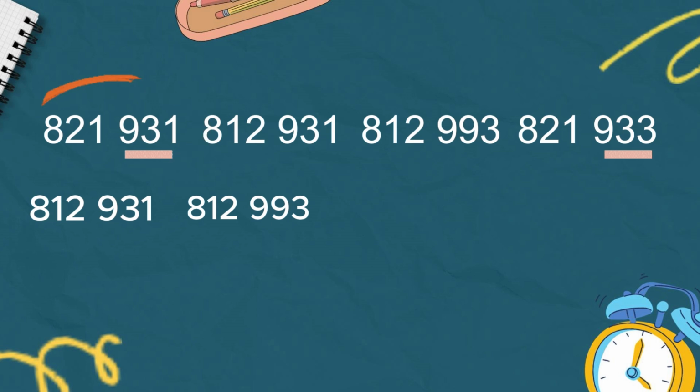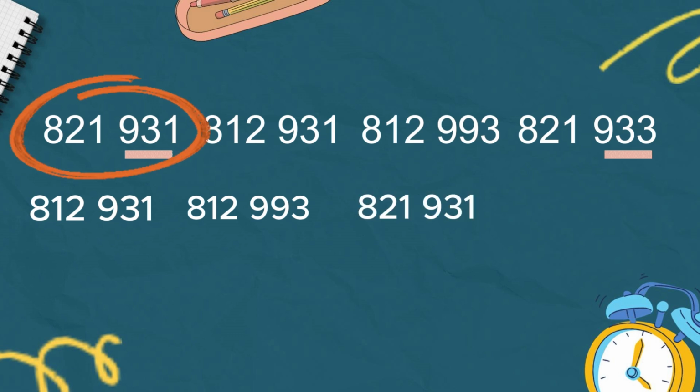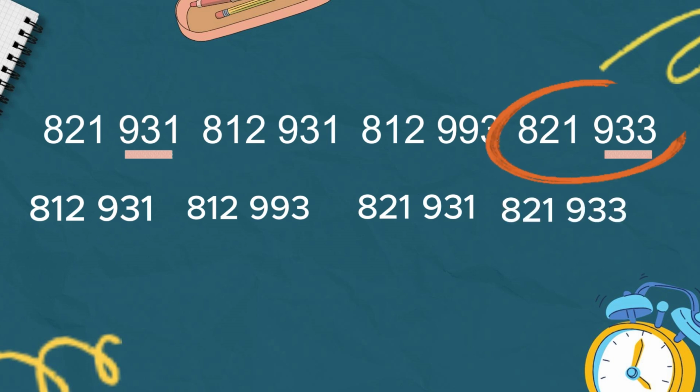So this number is placed after 812,993. And then the last, of course, in the order is this number. So these numbers are arranged now from least to greatest, from this to this.